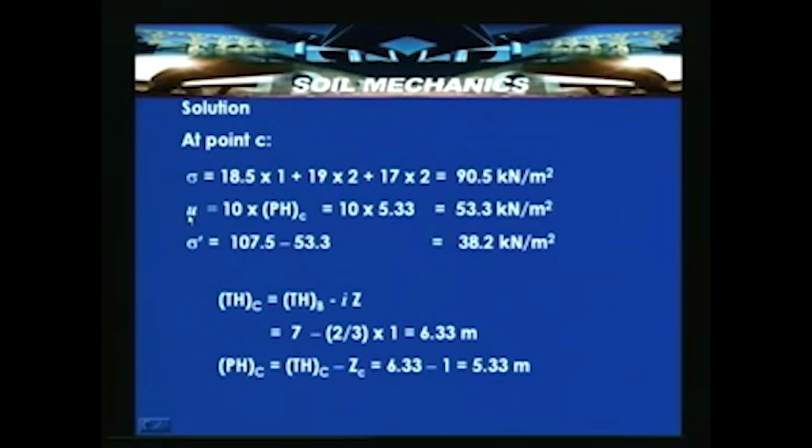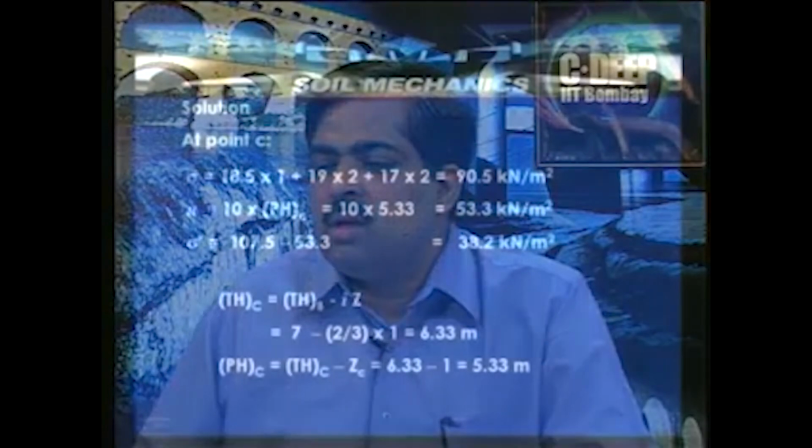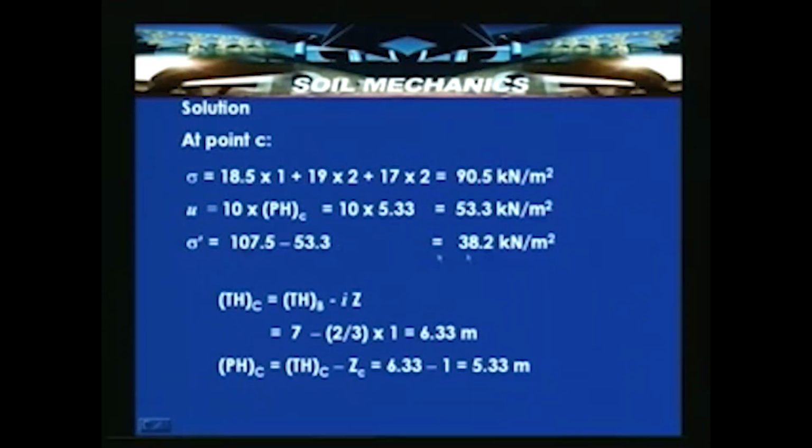Now, we have this 10, which is gamma w, the unit weight of water, around 10 kN per meter cube, into the pressure head at point C, which is 5.33. So it is around 53.3 kN per meter square, and the sigma dash, which is total stress minus pore water pressure, yields around 38.2 kN per meter square.